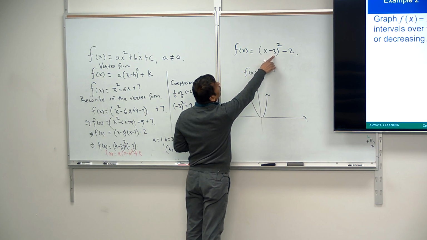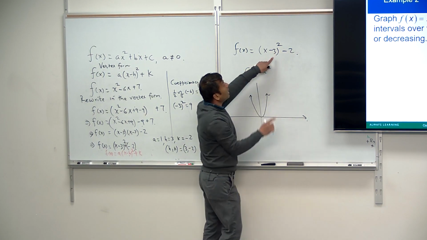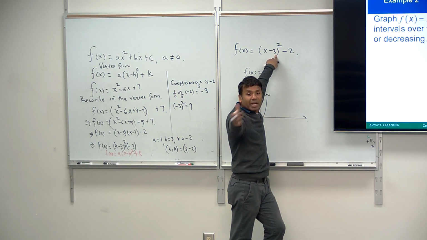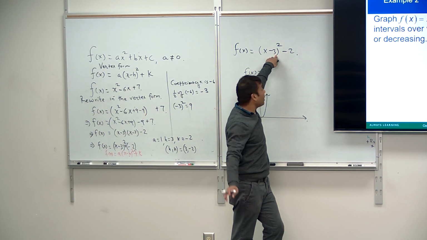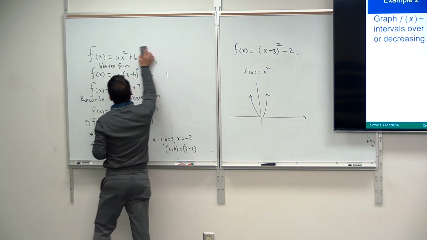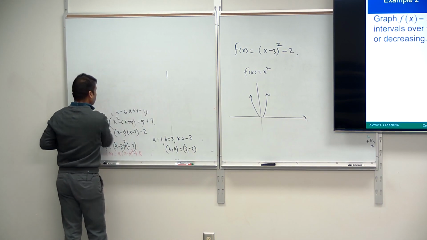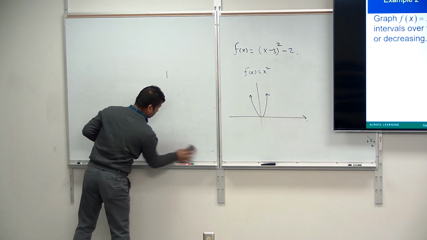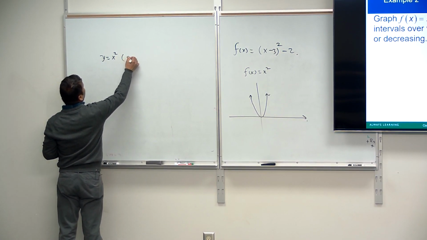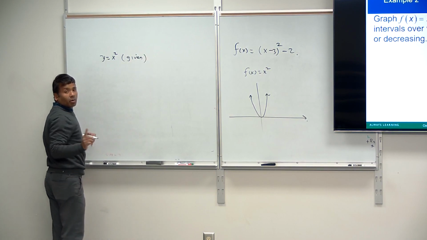Then you shift this graph. How many units? 3 units. In which direction, left or right? Remember, y equal to x squared is given.